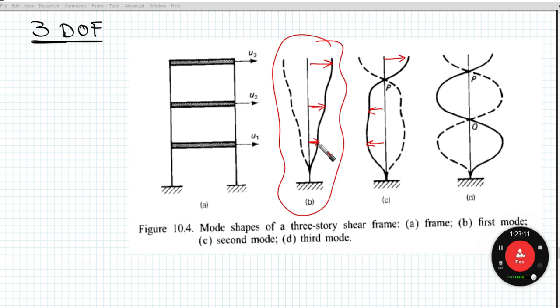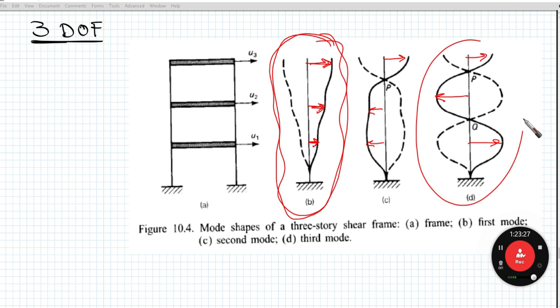Why? Because all masses are in the same direction. This makes the modal participating mass ratio the highest for the first mode. Here you find some masses right, others left, some right, others left, and so on. So they cancel one another, and the total contribution of this mode shape is less than the first mode shape.